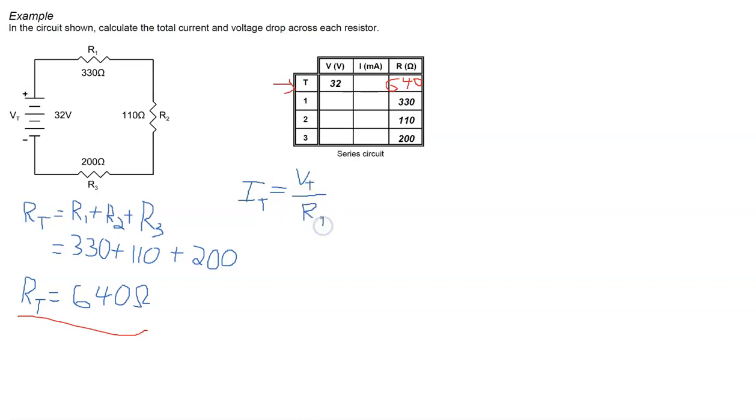If you remember that, you should always get Ohm's law correct. And so we have 32 volts divided by 640 ohms.